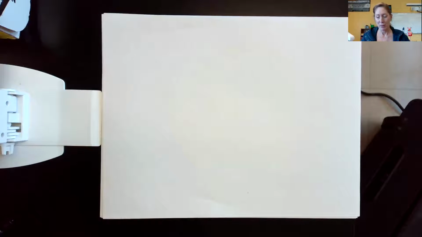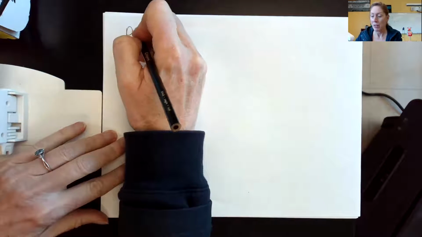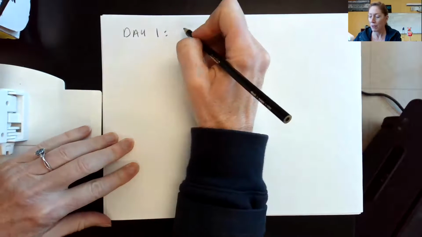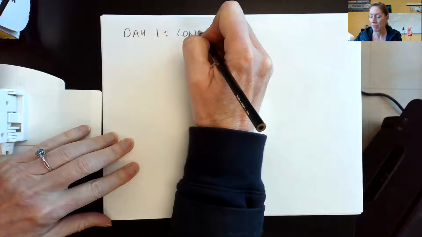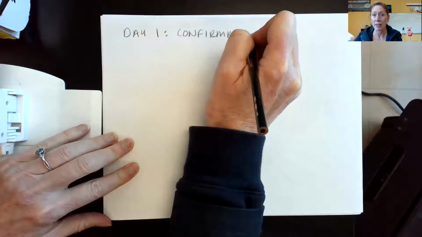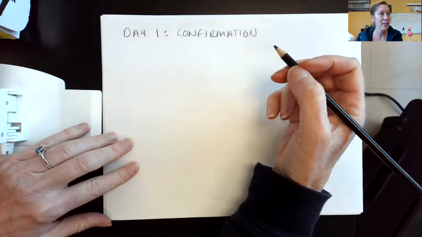Okay, so this is going to be day 1. And again, these are confirmation plates. And again, what we're confirming is that the bacteria are resistant to the antibiotics in question.